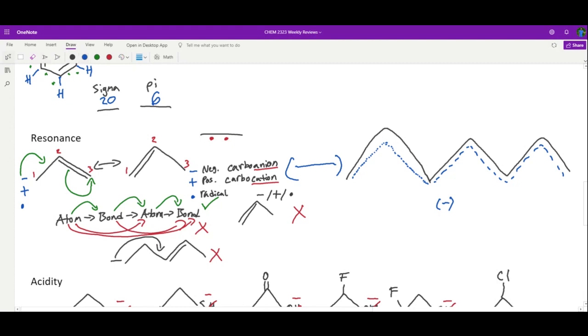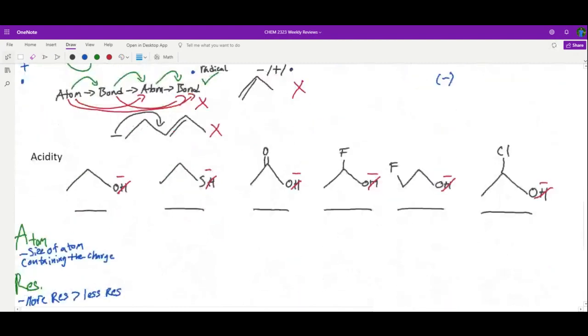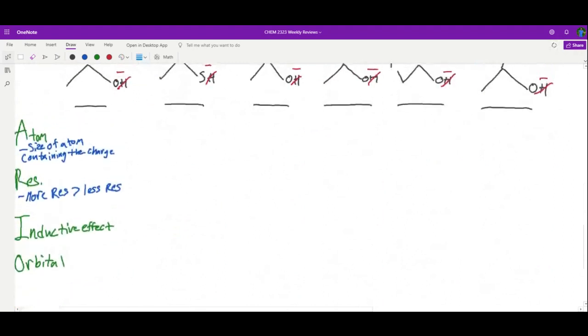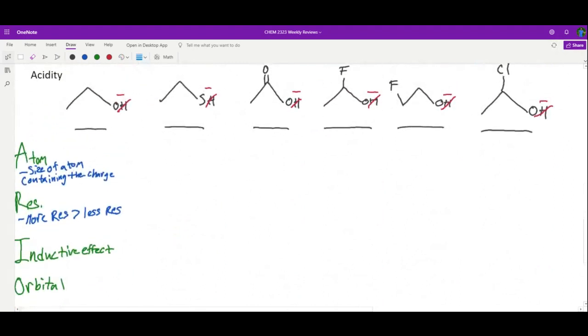All right, hopefully that made sense. Okay, moving on. So more resonance is better.